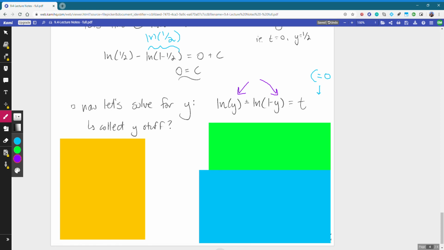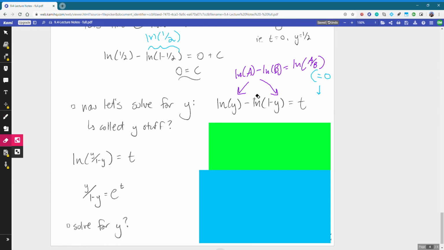If only we had some way of taking these two natural logs and combining them somehow. Oh wait, we do. Natural log of A minus natural log of B equals natural log of A over B. Oh yeah, rules of logs.